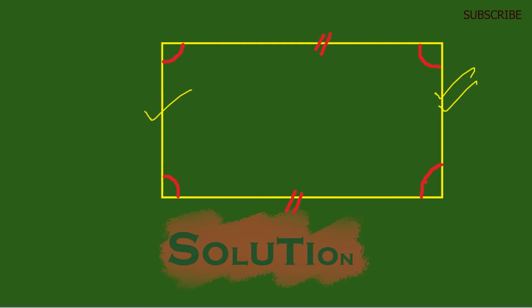All the angles are 90 degrees. So this type of shape is known as a rectangle. Now let us move on and see other shapes.